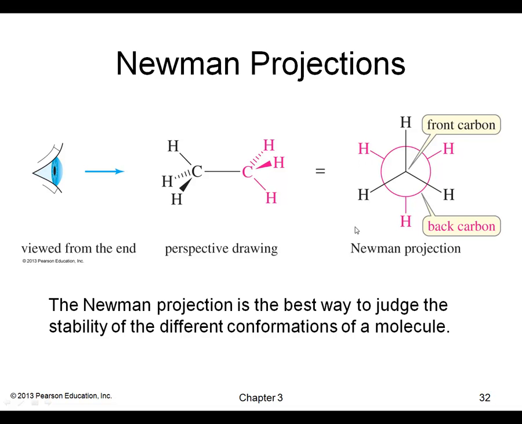A better way to do this is using a Newman projection, where these three lines intersect to give the front carbon, and the big circle is the back carbon in relation to the eyeball, and then we can put the hydrogens on those two carbons. So the Newman projection is the best way to look at conformations of a molecule, and it will help us to look at the stability of them.